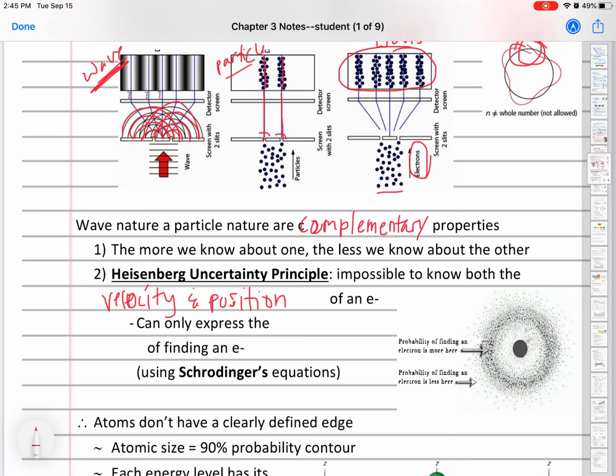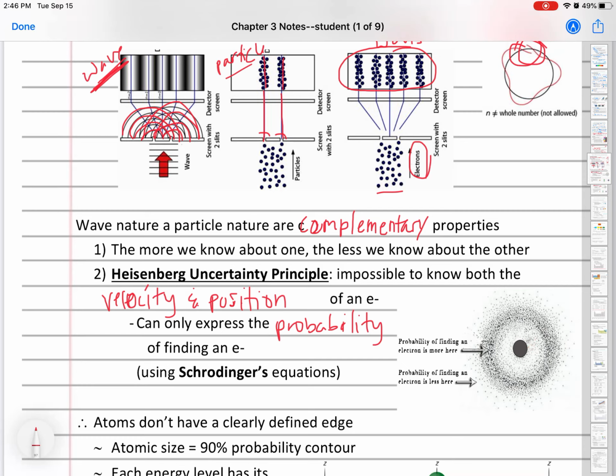They occupy these different energy levels, but they're also simultaneously moving. But because velocity and position are complementary properties, the more we know about one, the less we know about the other. So we can't really ever know exactly where an electron is. We can only know where it probably is. We can only express the probability of finding an electron in the electron cloud.